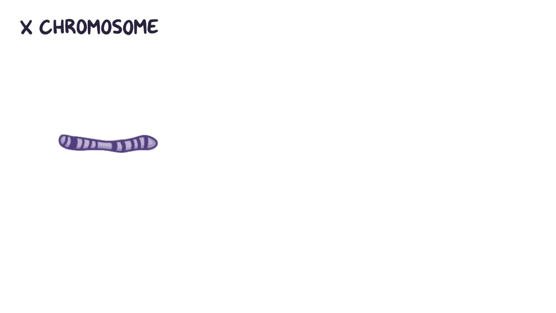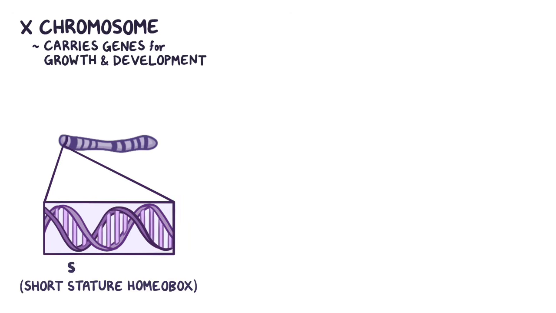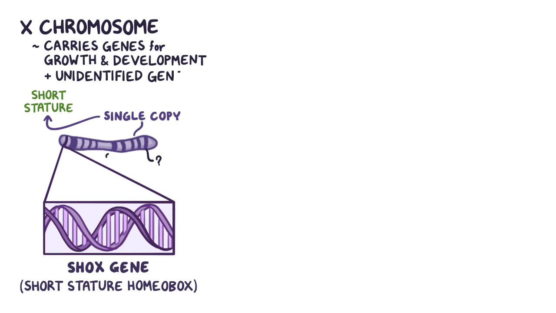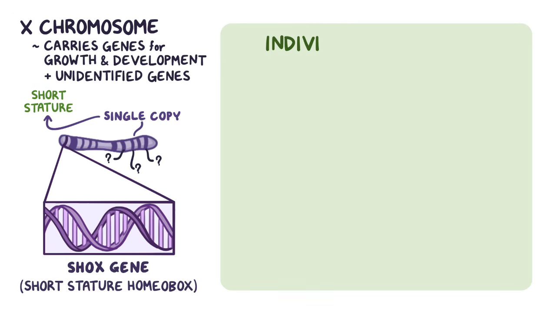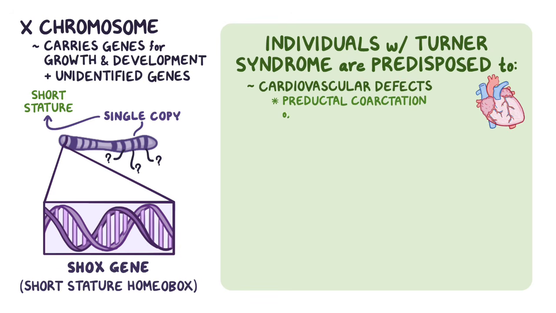The X chromosome also carries genes that are important for growth and development of tissues throughout the body. One of these is the short stature homeobox gene, or SHOX for short. So having a single copy of the SHOX gene results in, you guessed it, short stature. There are also plenty of other unidentified genes on the X chromosome, so individuals with Turner syndrome are predisposed to cardiovascular defects like preductal coarctation of the aorta and bicuspid aortic valve.